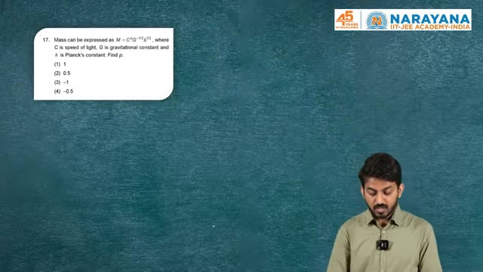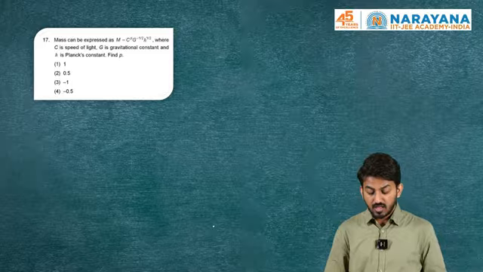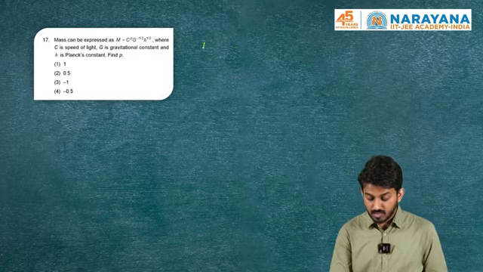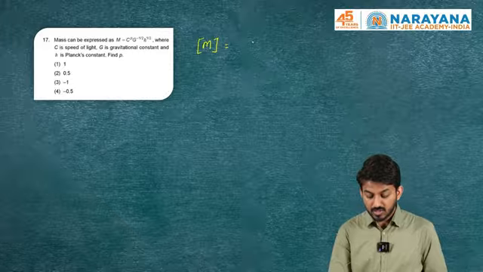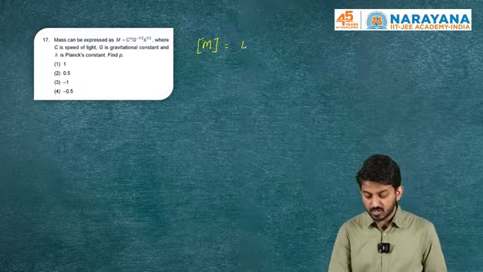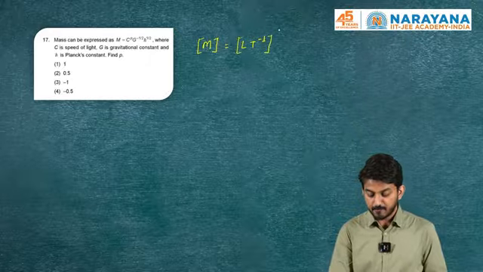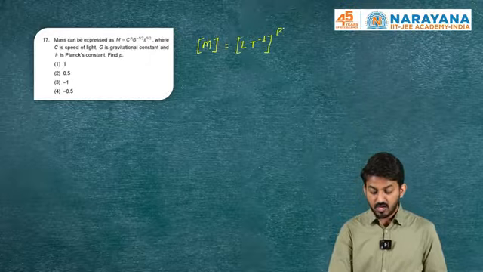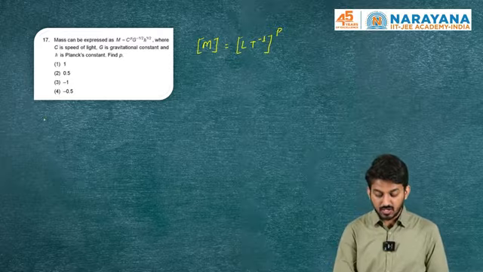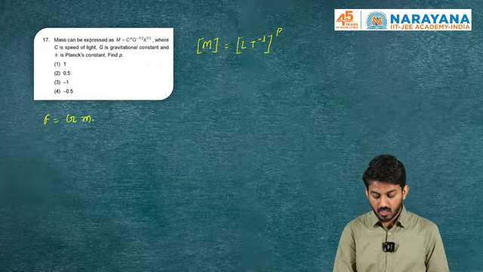Let's move on. Now we have mass given as some power relation between c, G, and h here. Now, writing dimensionally, dimensions of m here are this. Dimensions of c, the speed of light, are going to be L t minus 1, whose power is given as p. Now G is the gravitational constant, whose dimensional formula we can find by Newton's law of gravitation.